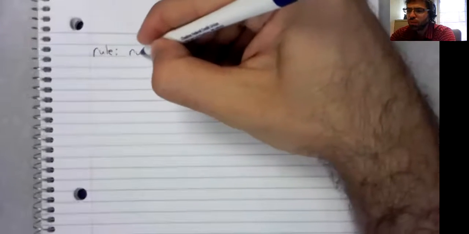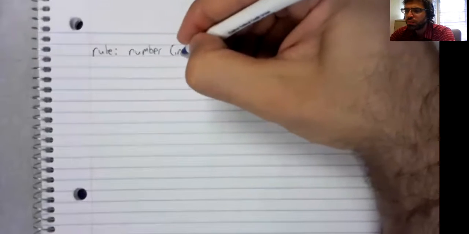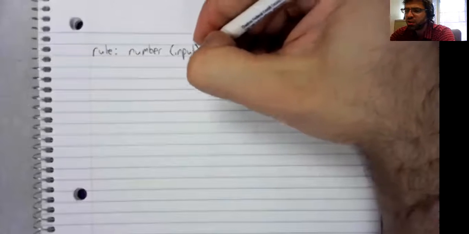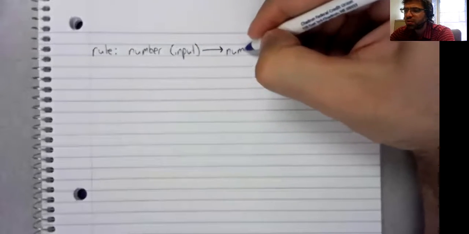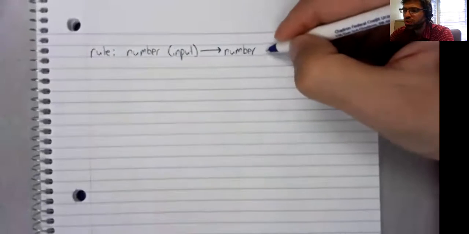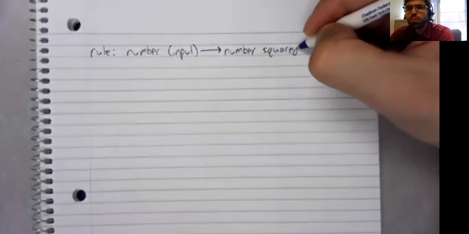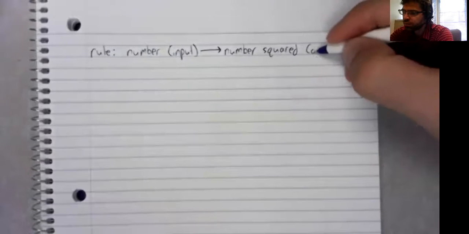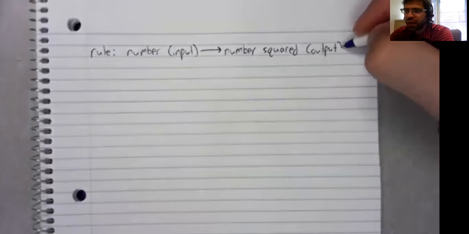For example, the kind of function we'll be investigating might be a rule that takes a number as its input and spits out that number squared as its output.